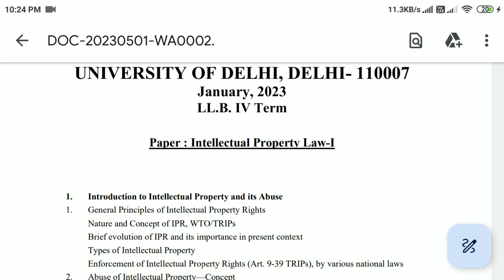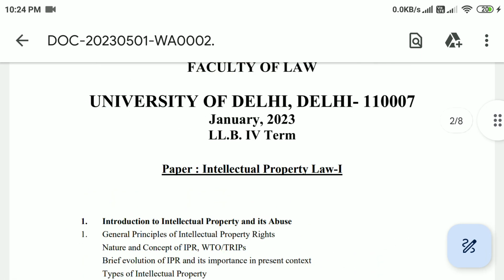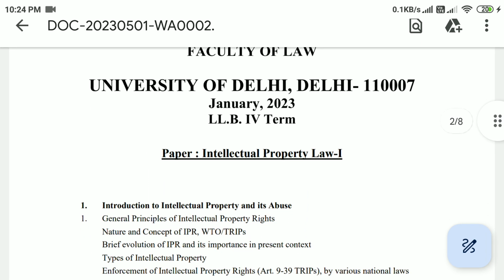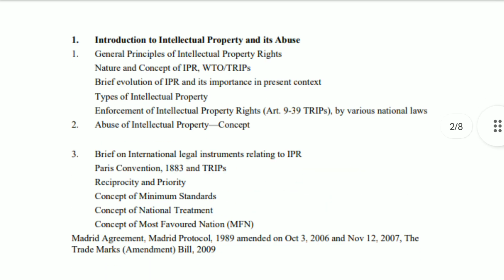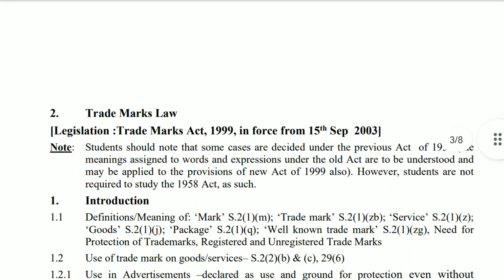This is the syllabus of Intellectual Property Law of the Delhi University Faculty of Law. This is the latest syllabus. Here is the introduction to the IPR. Just come to the pattern, part 2, trademark.